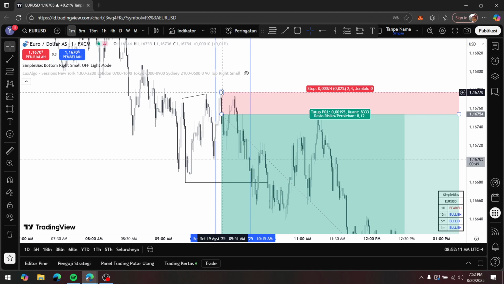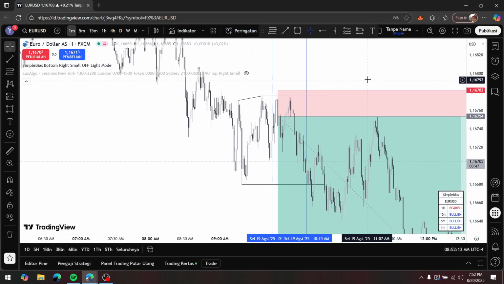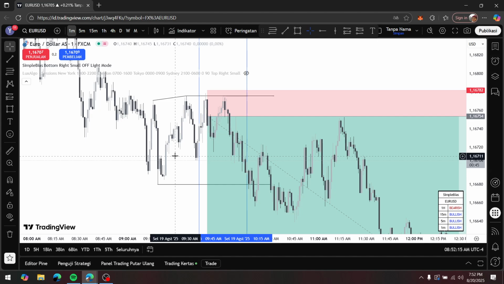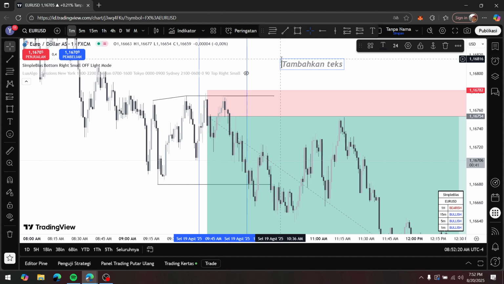So the first thing is find your bias. Second, is there a liquidity sweep?